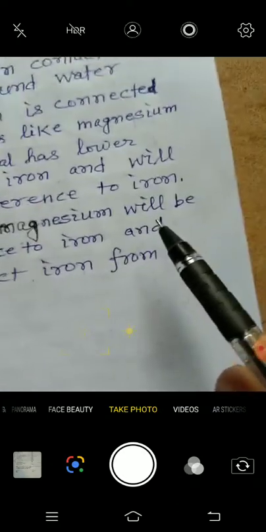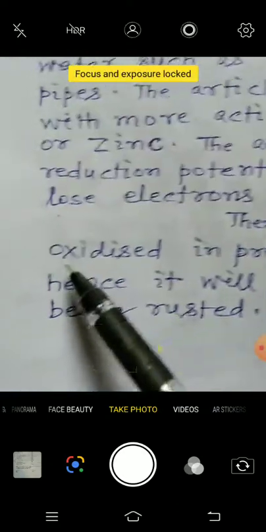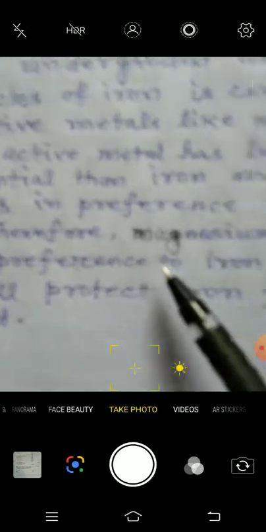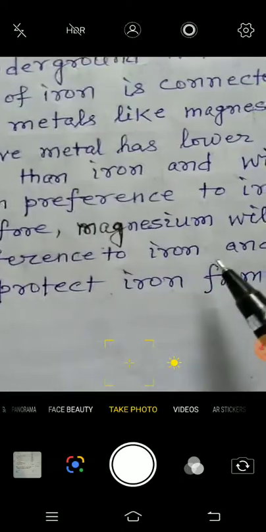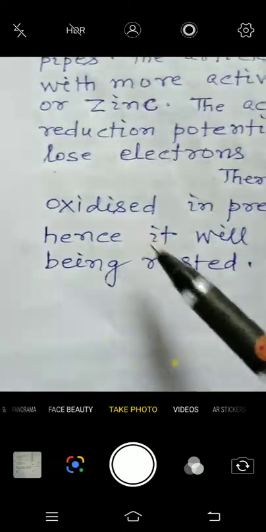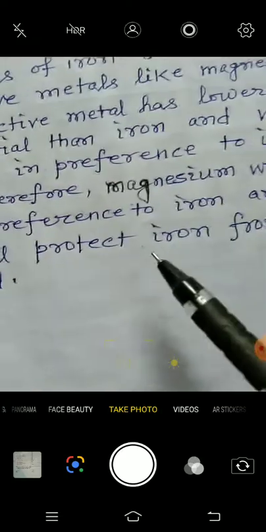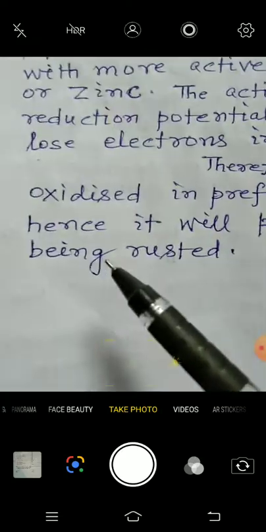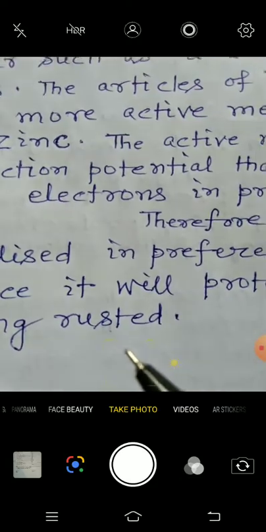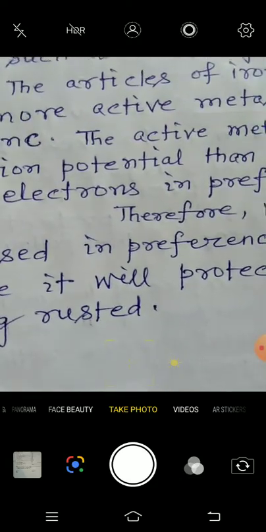Therefore, magnesium will be oxidized in preference to iron, and hence it will protect iron from being rusted. So this is about the material, about your batteries.